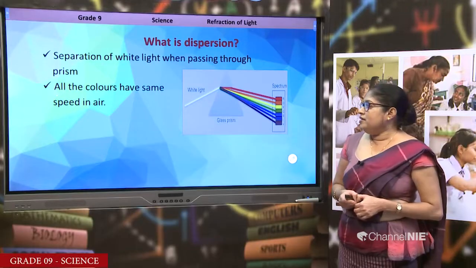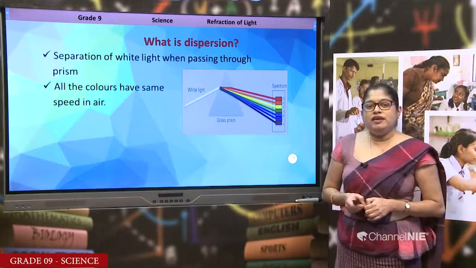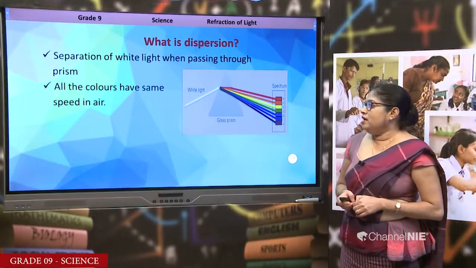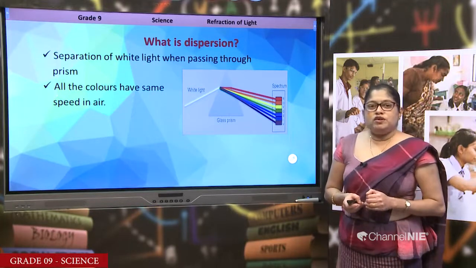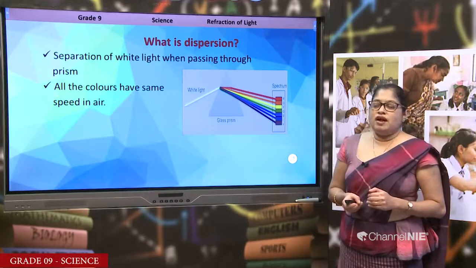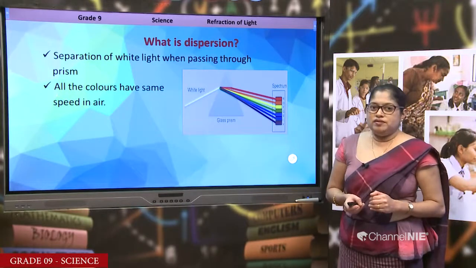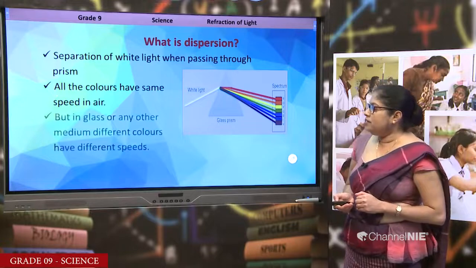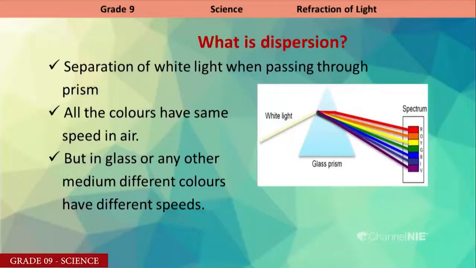When white light is travelling in air, all the components of it, that is all the 7 colors, have the same speed. But when the white light enters any medium other than air, these colors have different speeds.